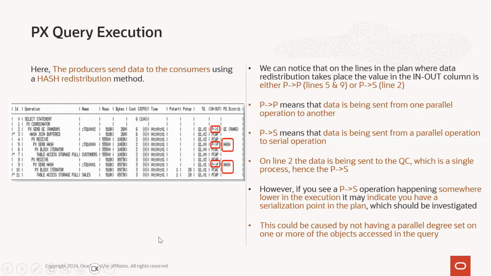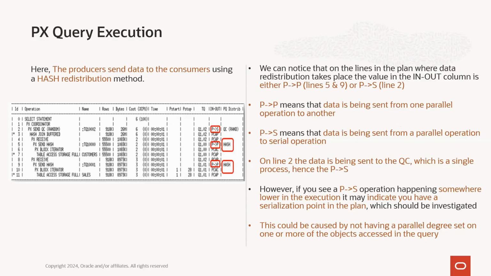P2P means, as we have discussed, the data being sent from one parallel operation to another parallel operation. And P2S, the data from a parallel operation to a serial operation. So on line ID 2, data is being sent to the QC, which is a single process. Hence, it is showing as P2S, parallel to serial.